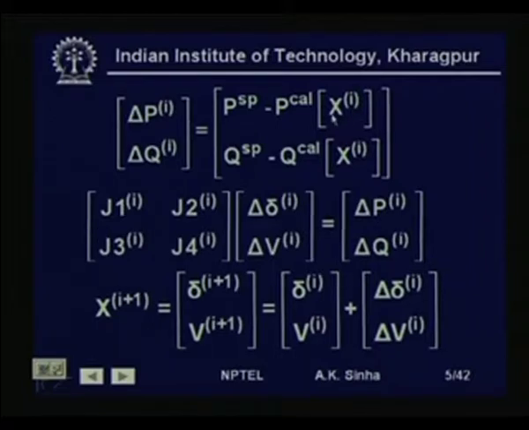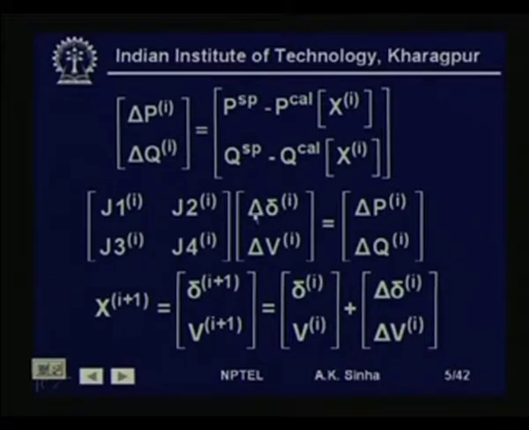So, these state variables, as we have already discussed, are the voltage phase angles and the magnitude values at all the buses. Similarly, delta Q at ith iteration, that is the change in Q, is equal to Q specified value minus Q calculated value, which is a function of the state variables.